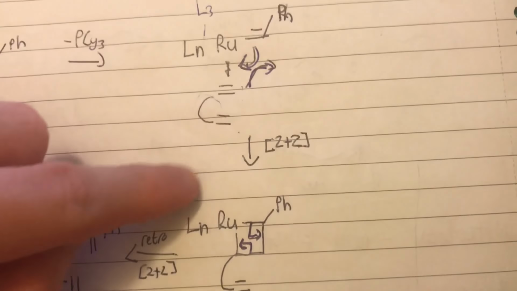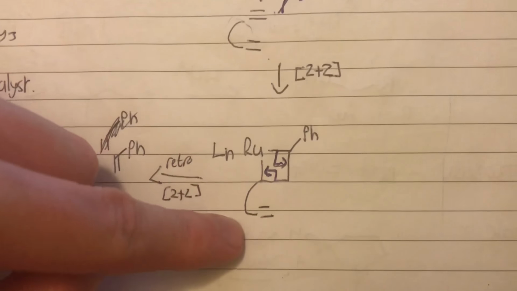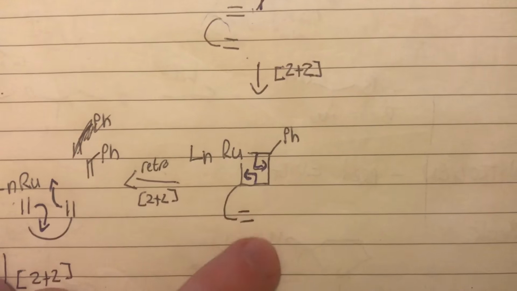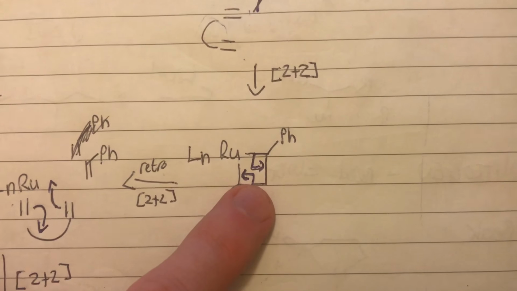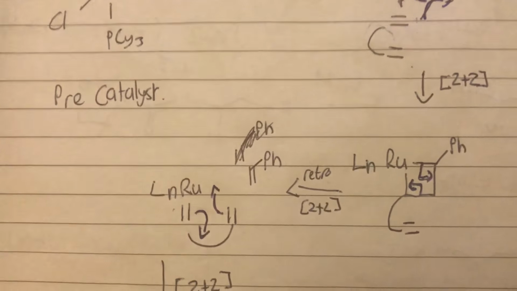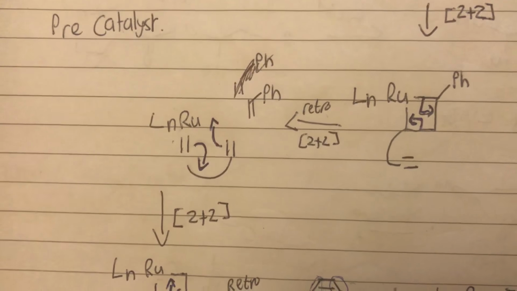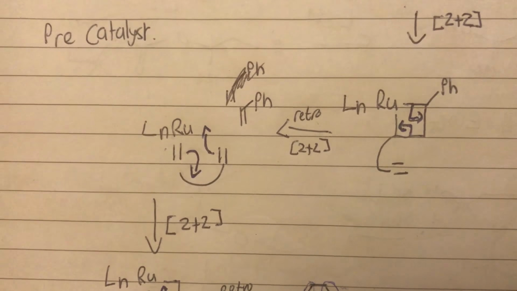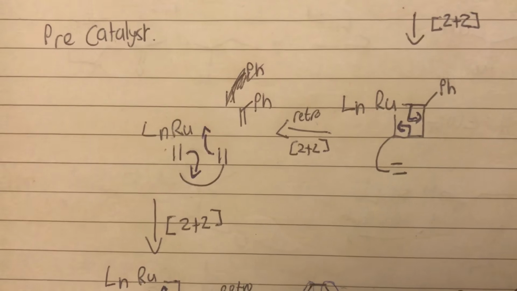Obviously part of our molecule is bound now. The first double bond's bound, but this bit's still hanging off. That gives us this, and then we've got to do another retro 2+2 to close the ring now.